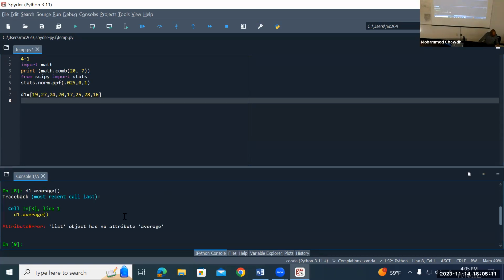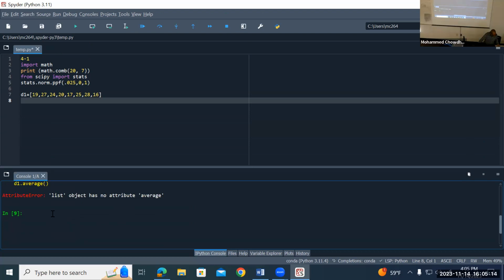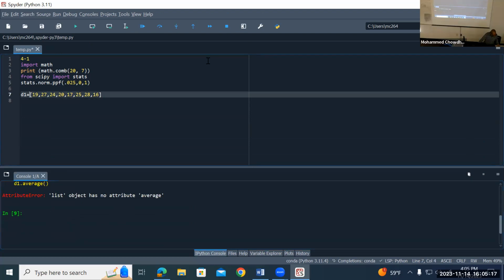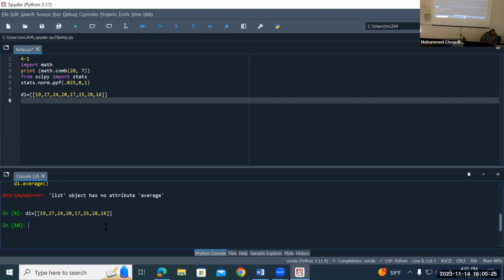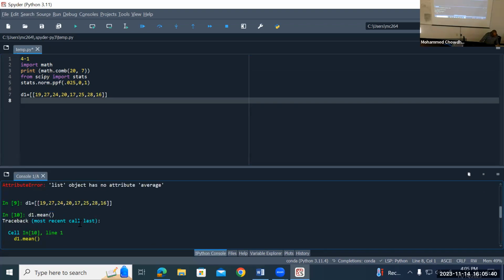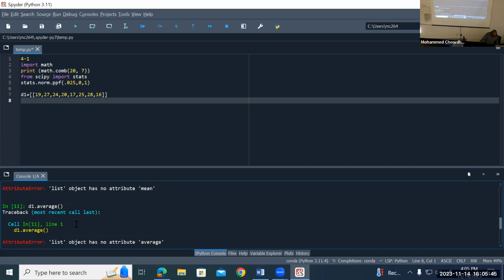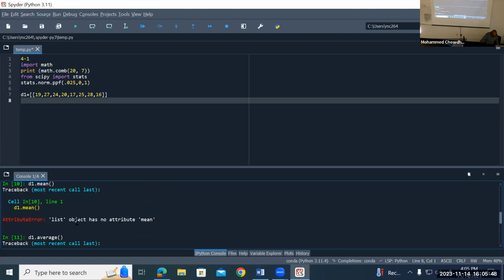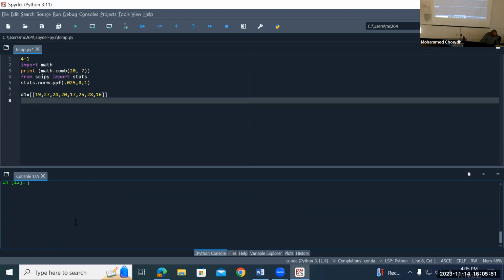Did you need to look at the data frame, or hold on? Let me put here another bracket. Let me see now whether this will work. D1 dot mean. Mean, average, none is found.